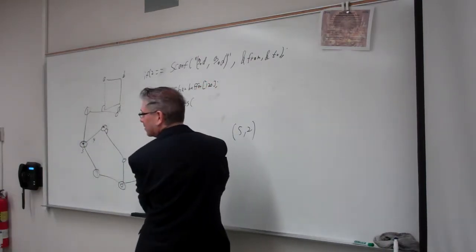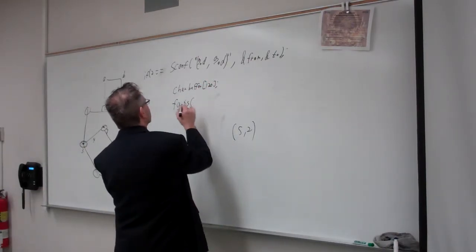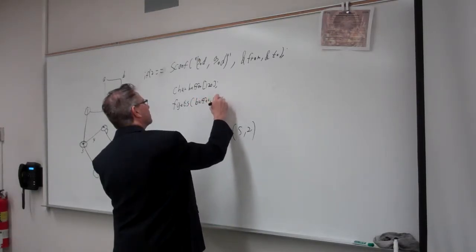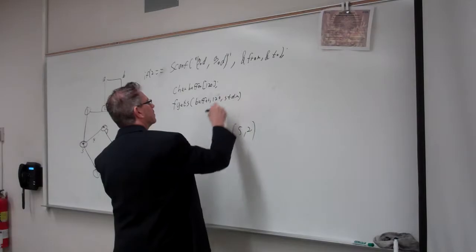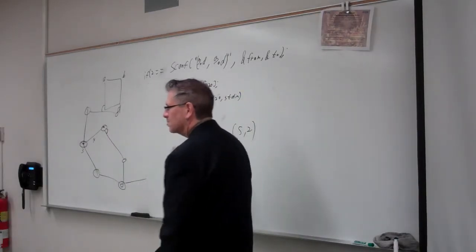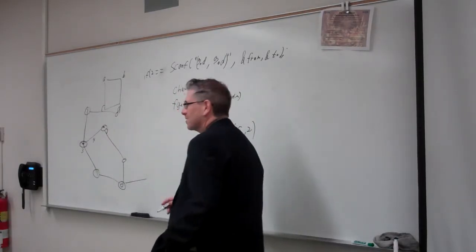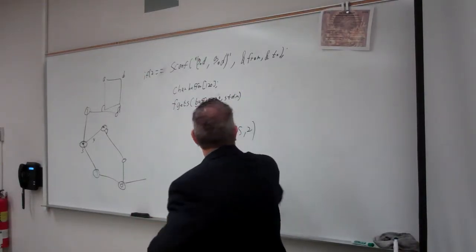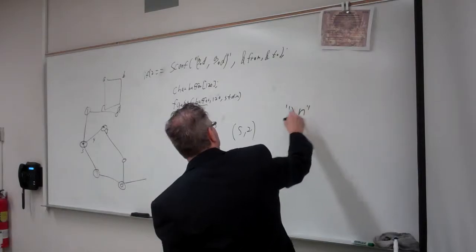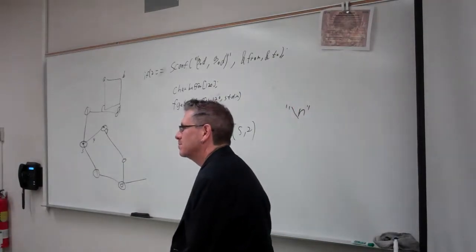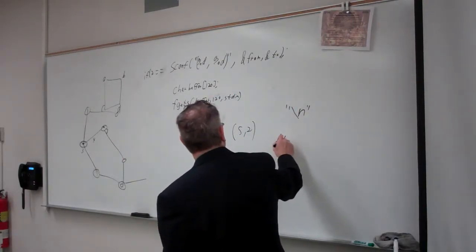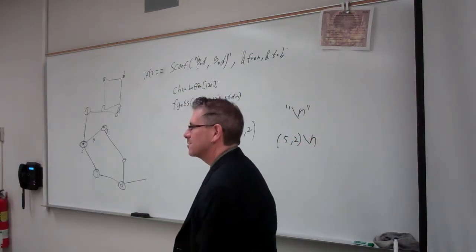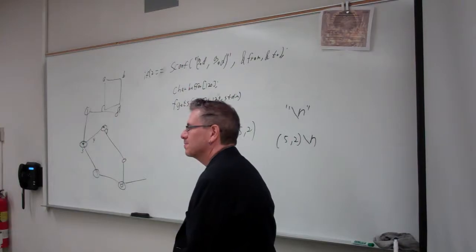Make a string array that's big enough for your input. fgets array, length, standard in. As soon as they hit enter, this will be whatever they typed. If they just typed an enter with nothing else on the line, this will be a string consisting of one character, which is a newline. If they type parentheses 5, comma 2, then that'll be what's in your buffer.